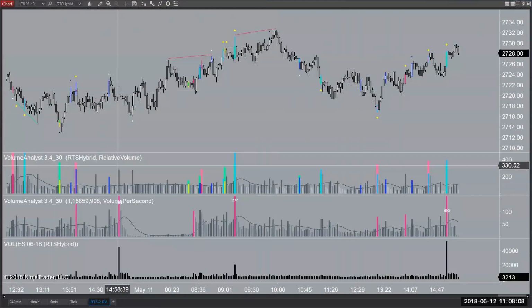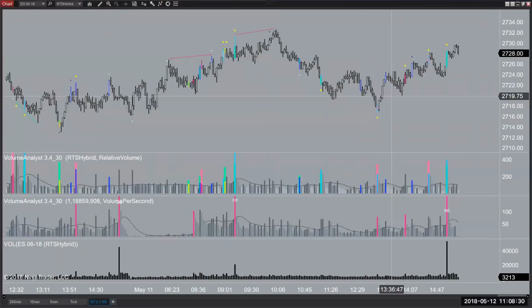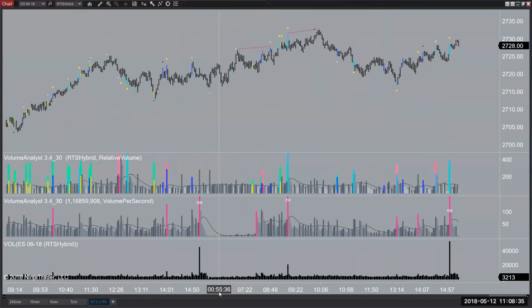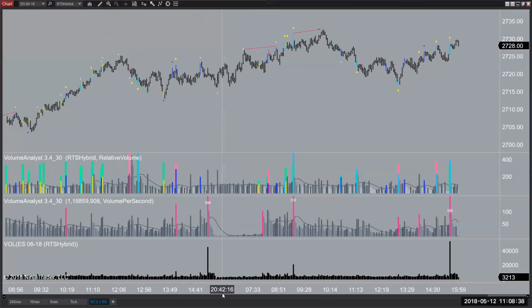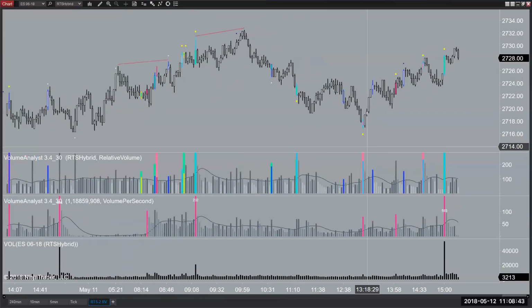All right, so this is relative volume here on the RTS hybrid bar. These charts are a hybrid between the 2 chart types, time-based and non-time-based, like the name suggests. The way that we've done it, we've made it so this calculation will work for any type of chart, no matter how it's built. Each bar is processed independently.